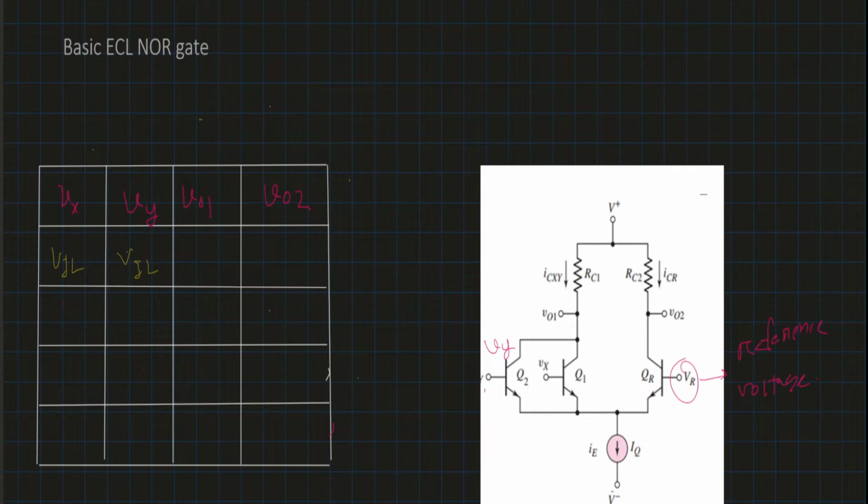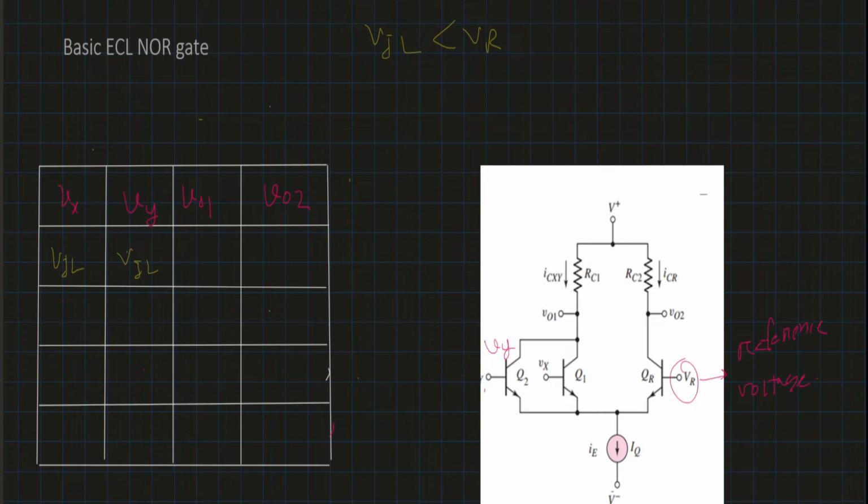It needs to be lower than the reference voltage, because from the previous lecture you need to remember that ECL circuits work in the active region and cutoff region, and to ensure that, the difference between the two inputs has to be greater than 0.12 volt. So this VIL, the input logical low, has to be at least 0.12 volt less than VR. So we can write that VIL will be less than VR by at least 0.12 volt.